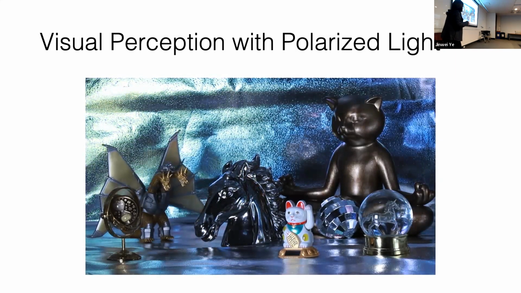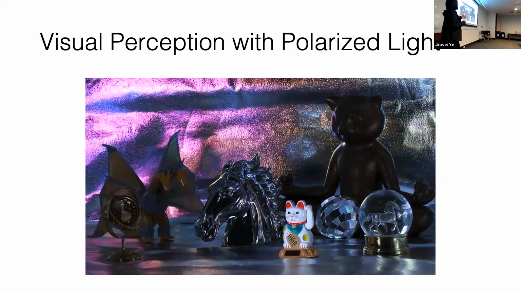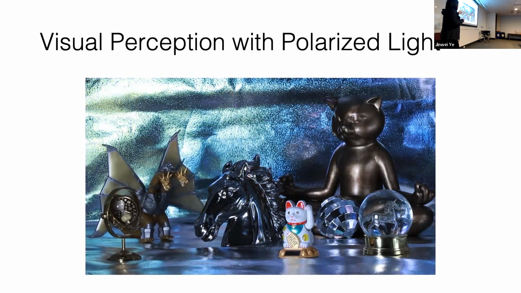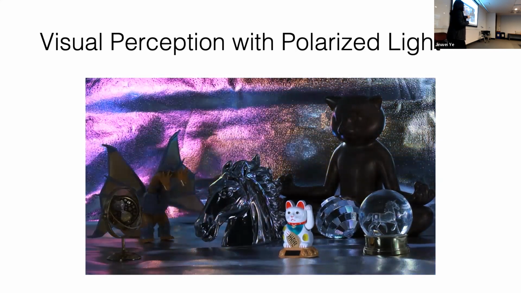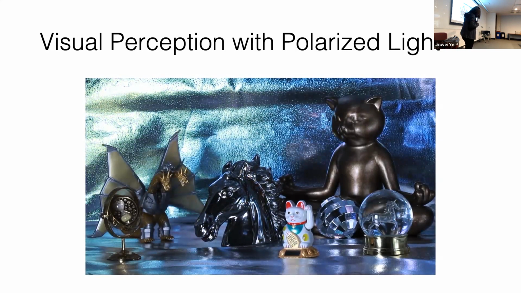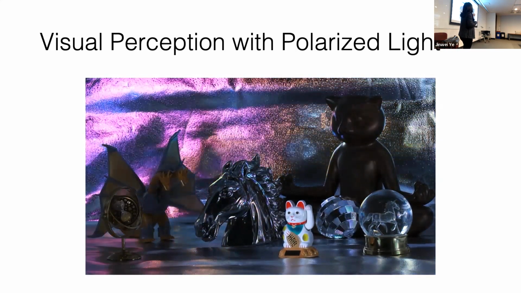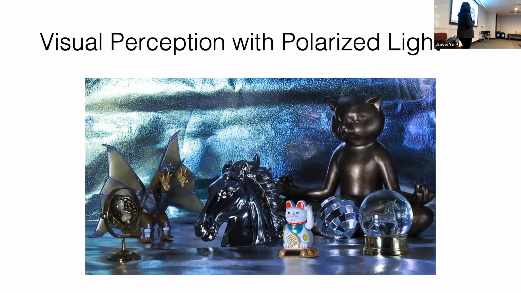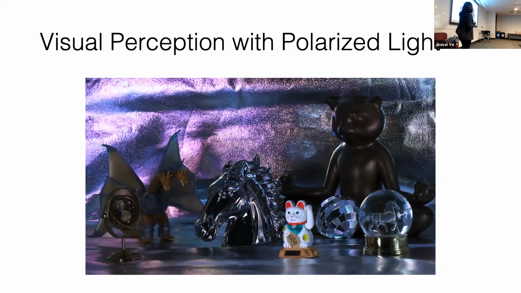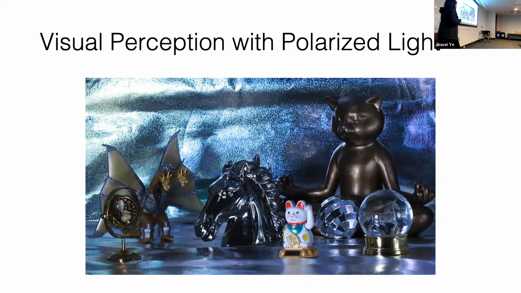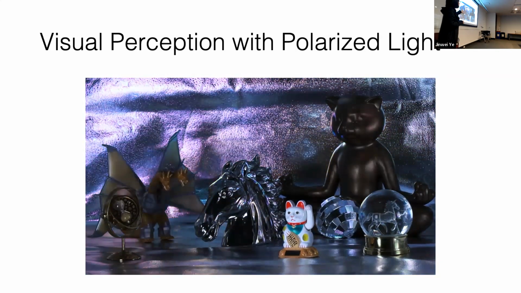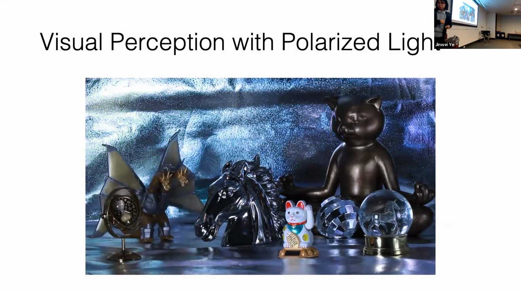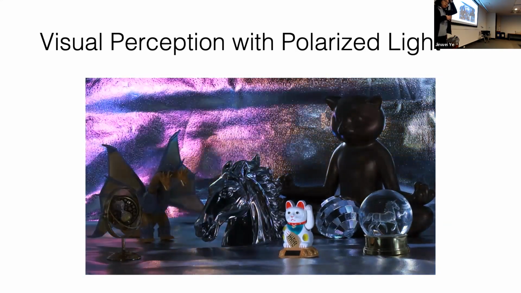You'll see the intensity changes, and the locations of the specular spots change. If you look at the glass ball, the refractions through the ball also change. Most amazingly, the background, which is supposed to be a silver coating, changes color while the polarizer is rotating, which means that polarization is also related to wavelengths. Questions?